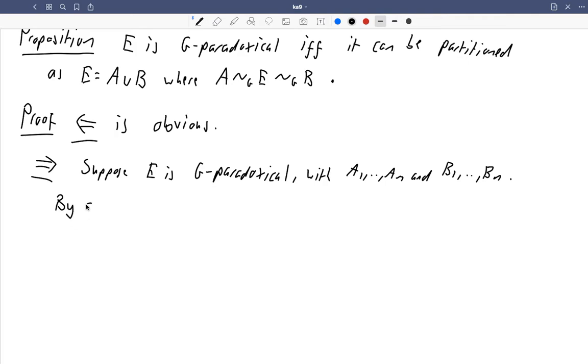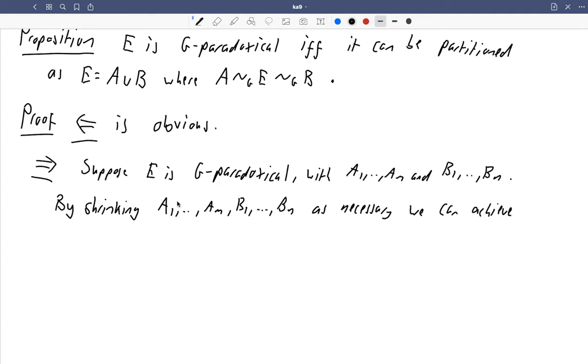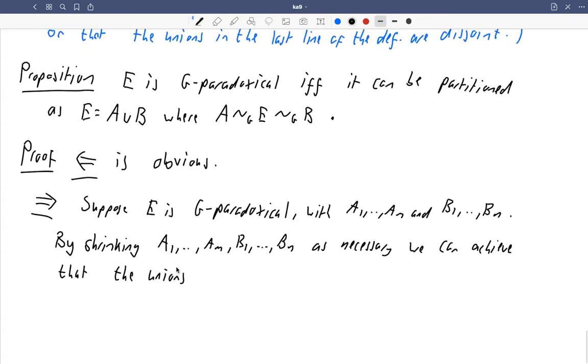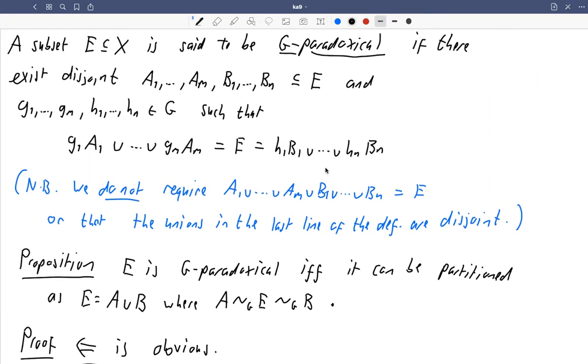So by shrinking, again removing elements, the A1 to AM, B1 to Bn, as necessary, we can achieve that the unions at the end are disjoint.